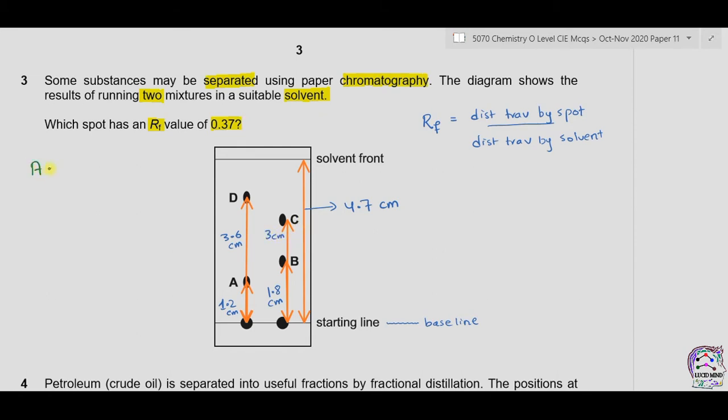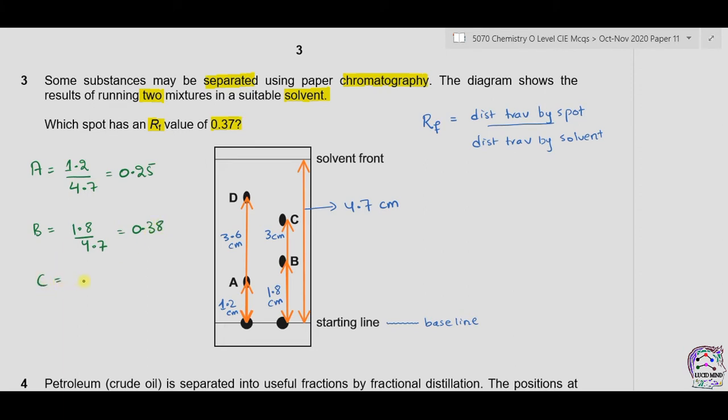For A, it is the distance traveled by spot A, which is 1.2 centimeter, divided by distance traveled by solvent, which is 4.7 centimeter. So it comes equal to 0.25. Similarly, for B, we can find 1.8 divided by 4.7, which is equal to 0.38.